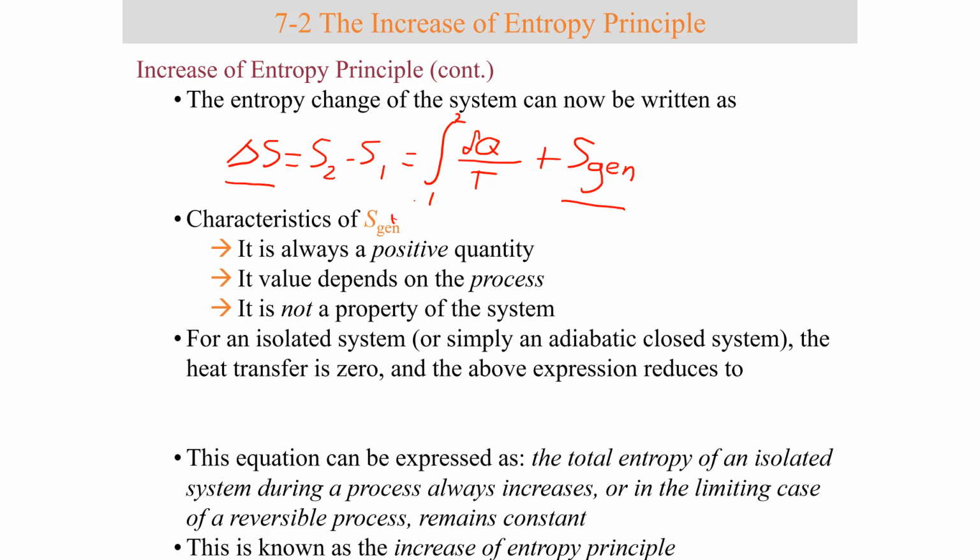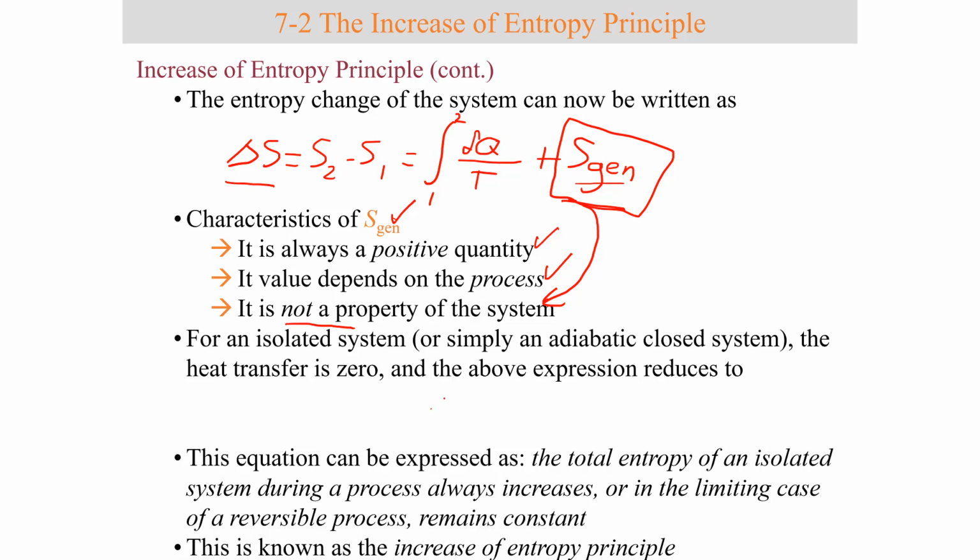This term, entropy generation, Sgen, is always a positive quantity, and its value depends on the process. And it is not a property. Sgen is not a property. Sgen changes in value according to the irreversibility of a process. The more irreversible a process is, the greater value Sgen is.